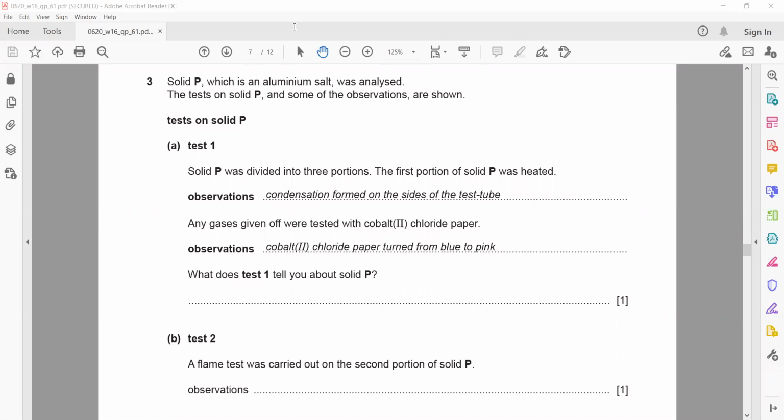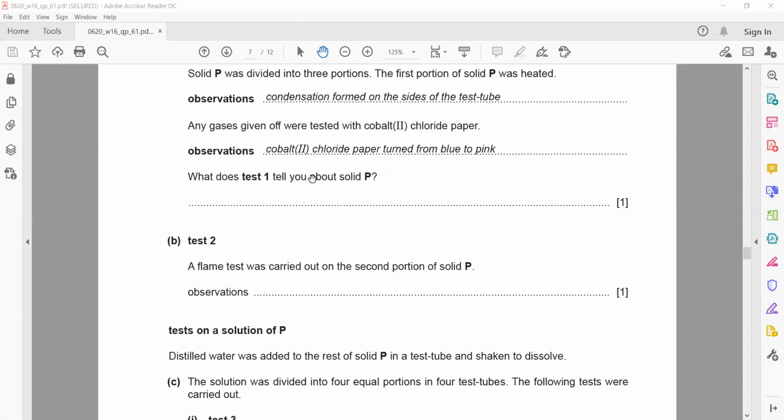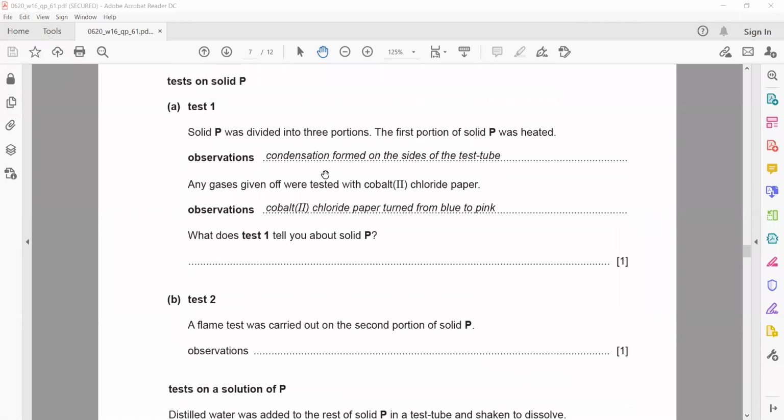Test 2, a flame test was carried out on the second portion of solid P. What is the observation of a flame test? With aluminium, you learned flame tests only for sodium, potassium, lithium, and copper. So for any other, if it is there, what will you write?